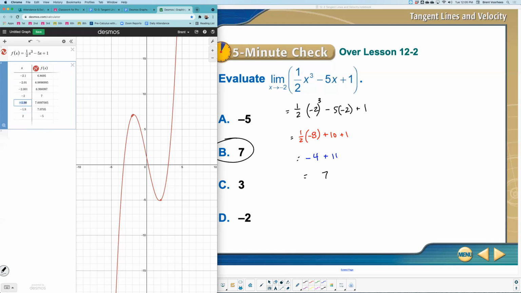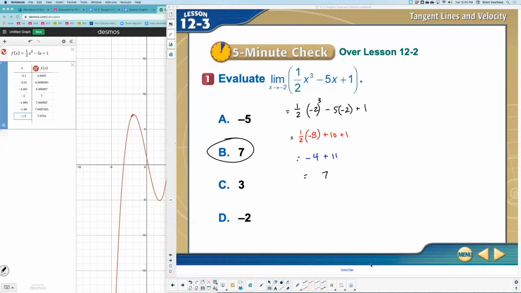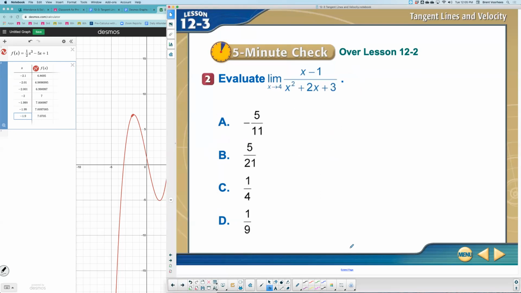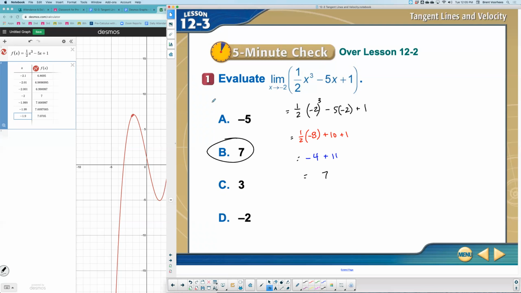I missed one here, -1.999. You can see as we get closer and closer to that value -2, both from the left side and the right side, the number we're approaching is 7. So that'd be the answer to number 1. Number 1 would be 7.